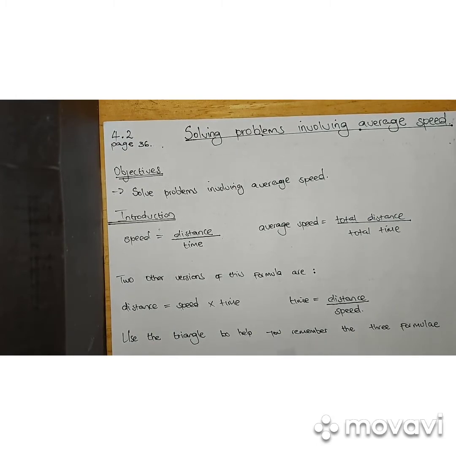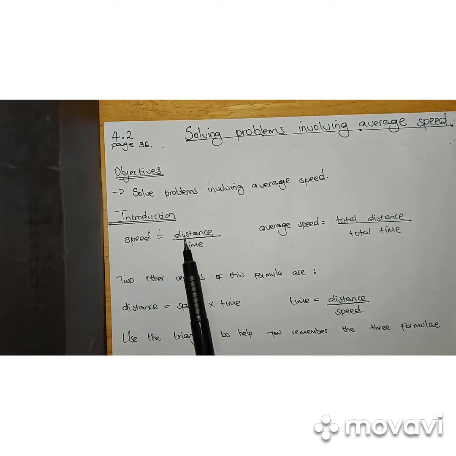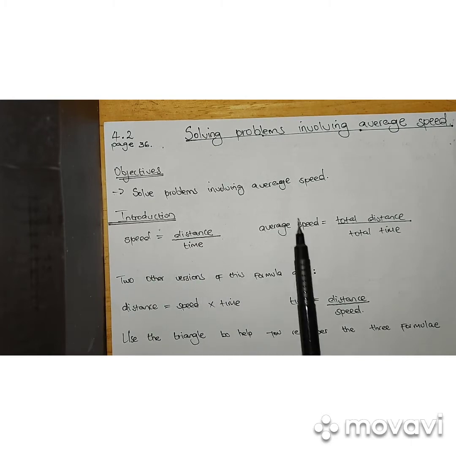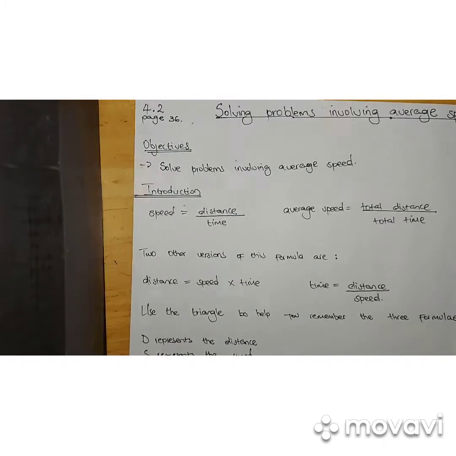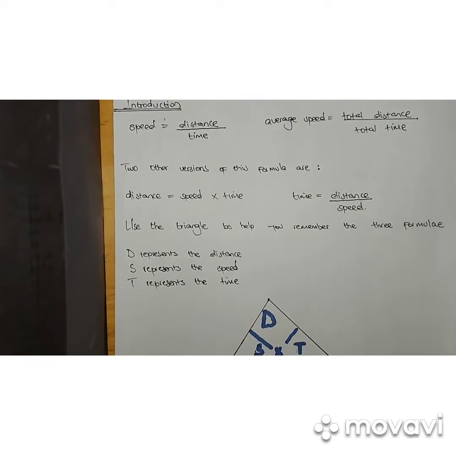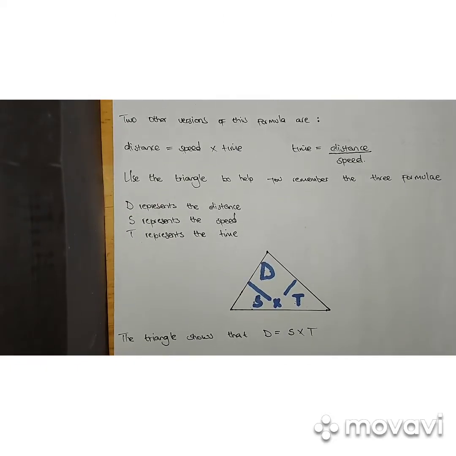So now you have three formulas: speed, which is equal to distance over time; average speed, which is equal to total distance over total time; then distance, which is equal to speed times time; and time, which is equal to distance over speed. You can use the following triangle to help you to memorize the three formulas.